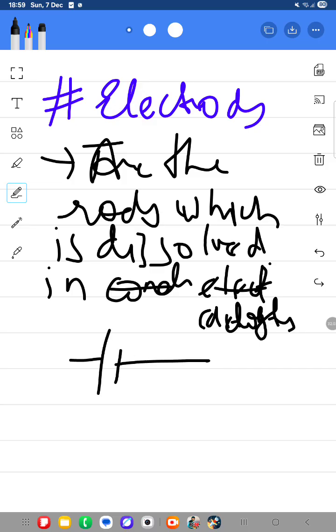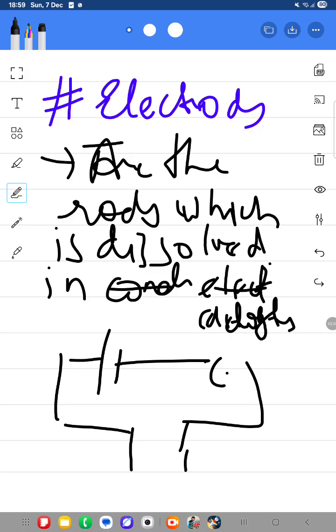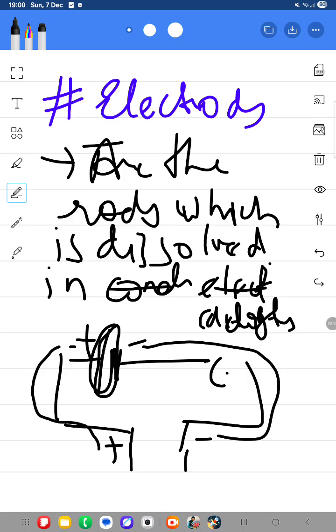For example, I will explain that this bigger side is positive and this smaller one is negative. So positive here, negative here.